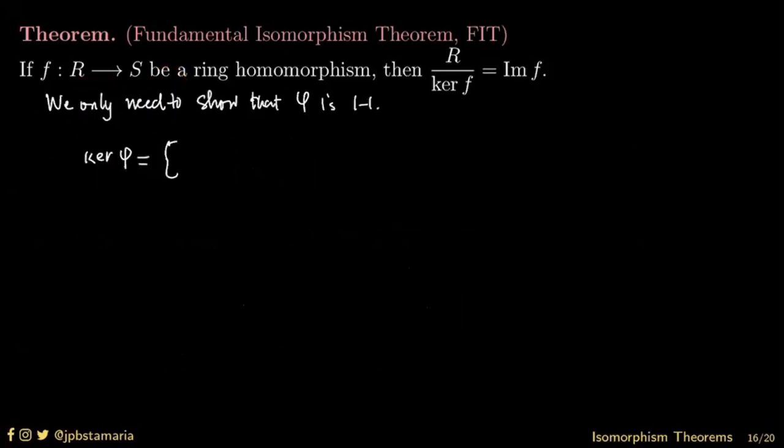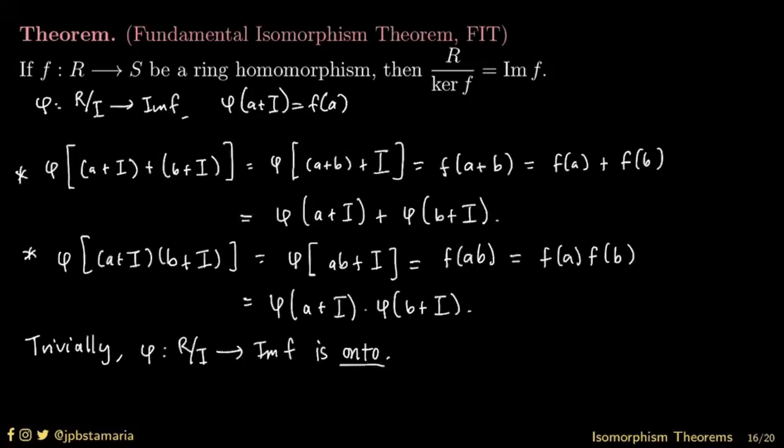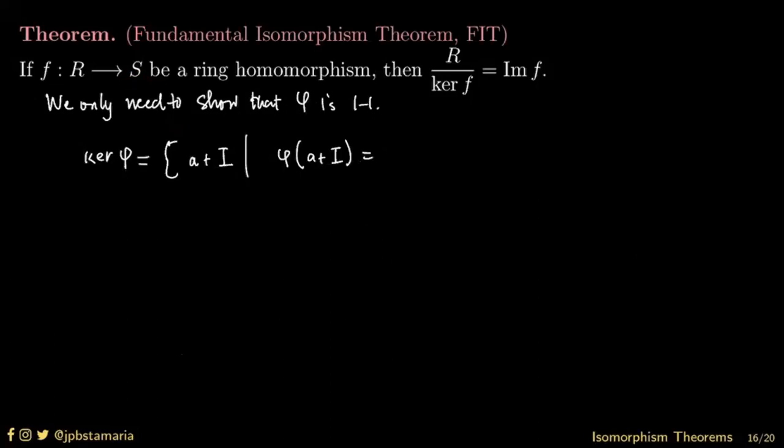Ang kernel, ang laman, mga cosets mula doon sa R modulo I, right? So that ang phi of A plus I is equal to the 0 in the image. Eh yung image, subring lang yan ng S, kaya ang 0 niya, yung 0 lang din ng S ha.